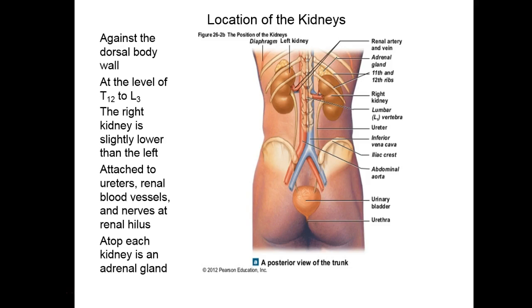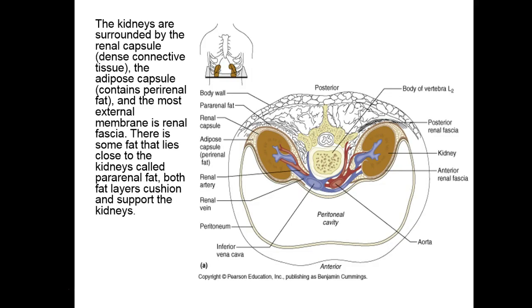On top of each kidney is your adrenal gland, or sometimes we call that the suprarenal gland. Kidneys don't really have very much protection, but they're surrounded by dense tissue and also adipose tissue. You tend to have some nice fat pads surrounding the kidneys as their protection, plus you have some good back muscles.